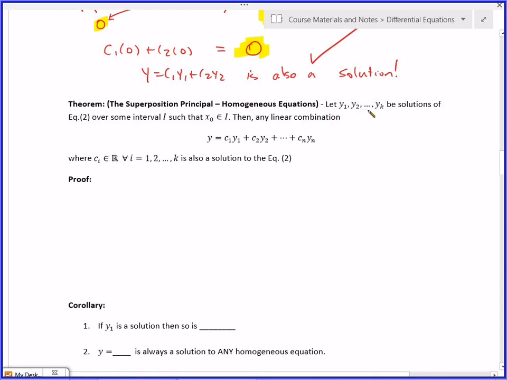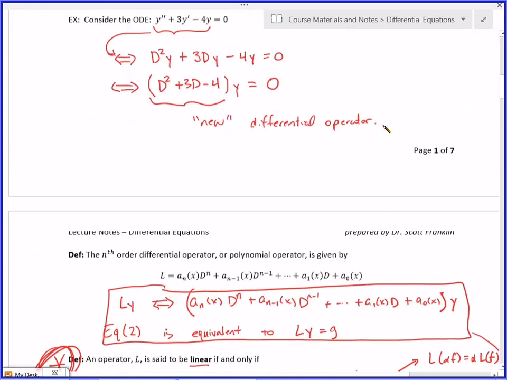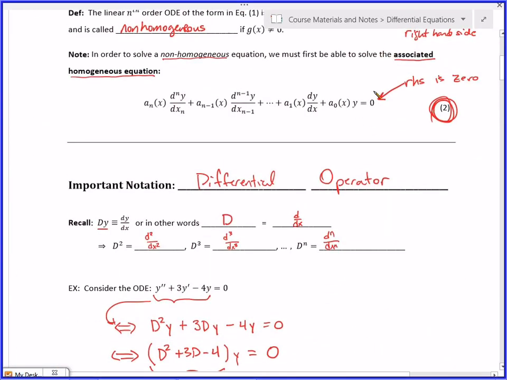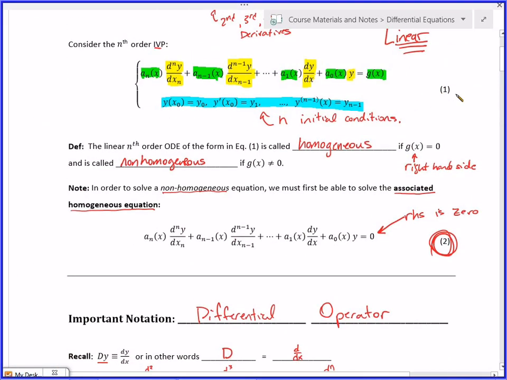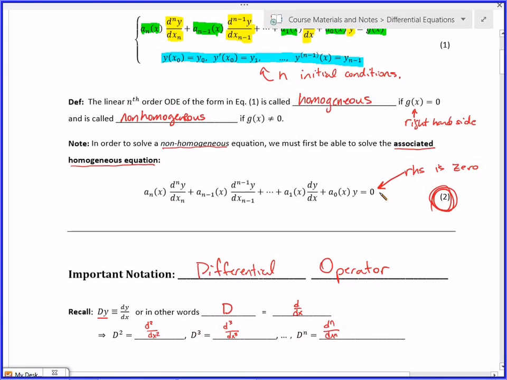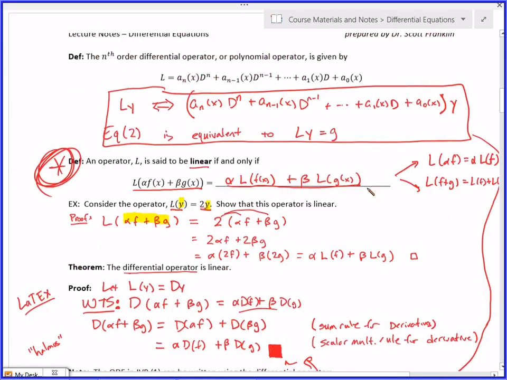If y1, y2 through yk are solutions of equation 2, remember equation 2 is the main differential equation that we're talking about, the linear nth order, over some interval I, then any linear combination is also a solution. By the way, equation 2 has a 0. Notice it's not equation 1, which has a g. Equation 2 has a 0. It's the homogeneous one.